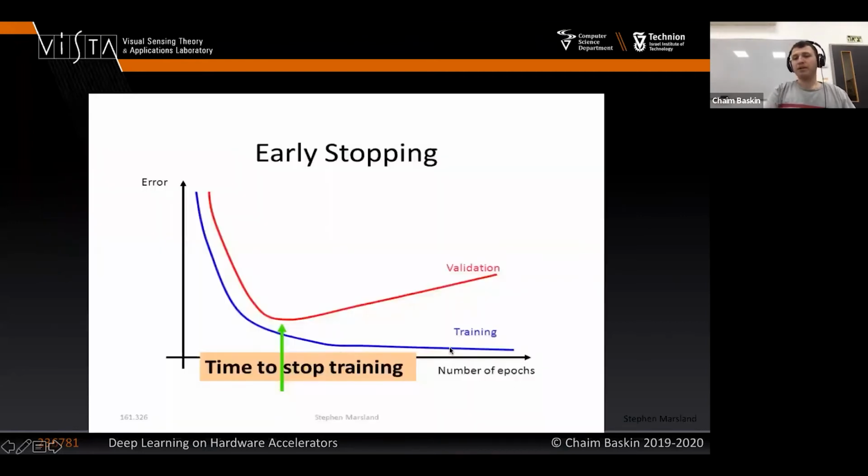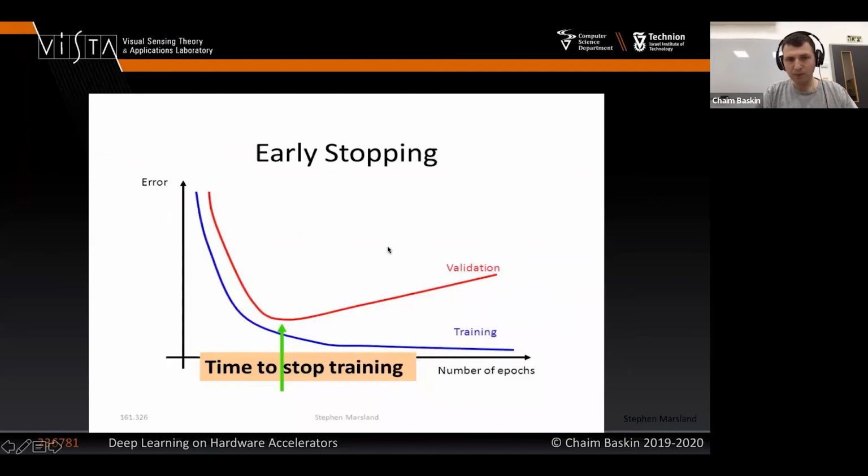So early stopping, what does it mean? Let's look at the error versus number of epochs plot. As you can see, our training is converging, but our validation suddenly starts diverging. This can happen in practice.